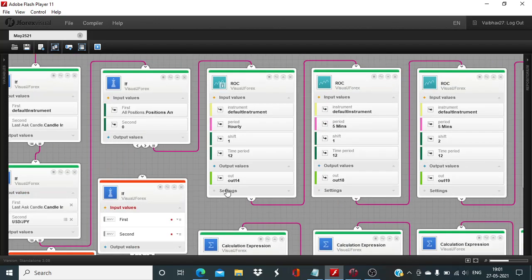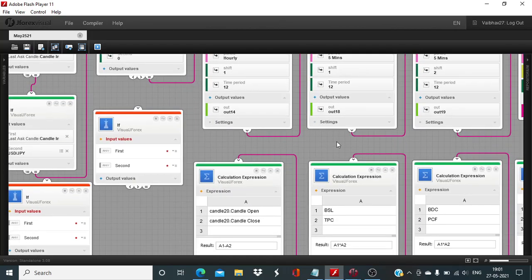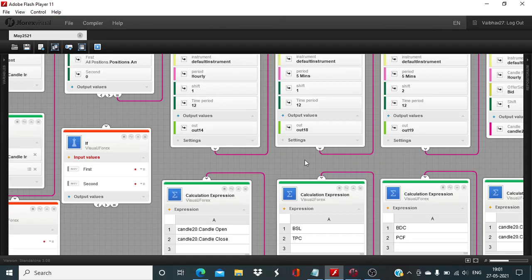We want the ROC of last hour to be in between 0 to minus 0.20.